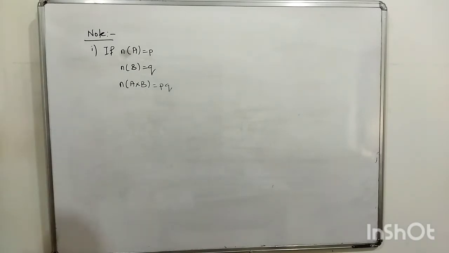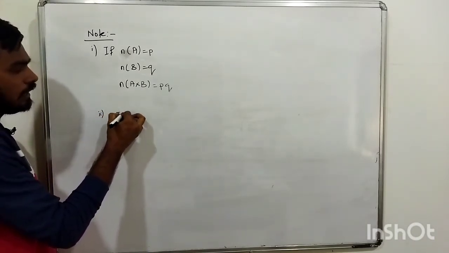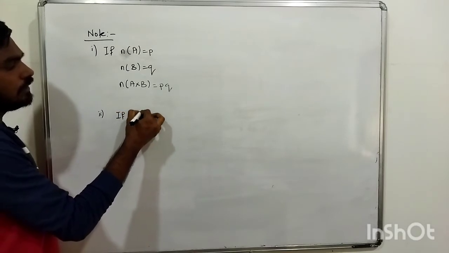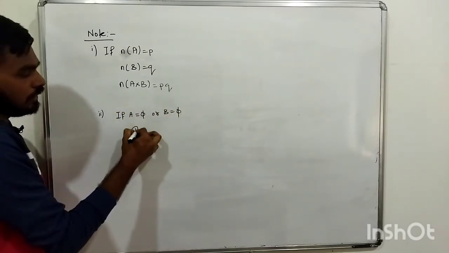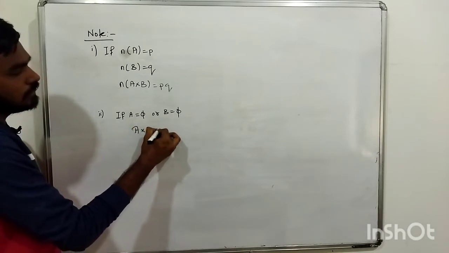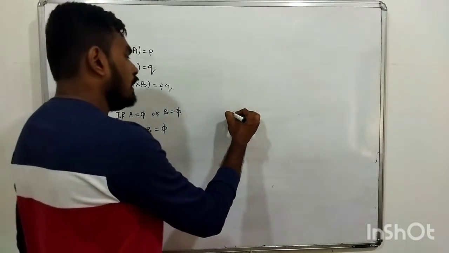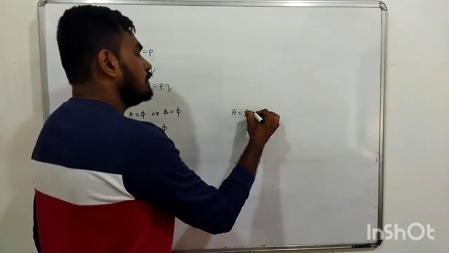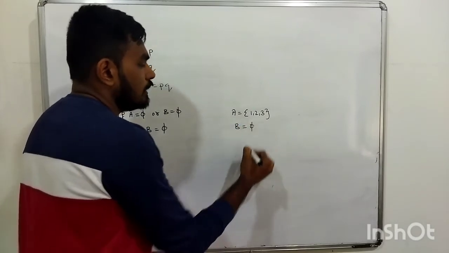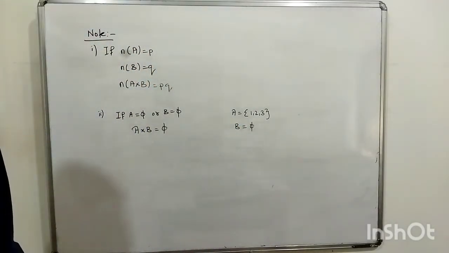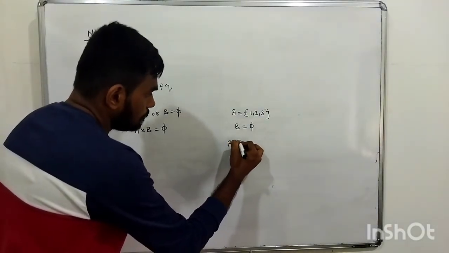Okay. So similarly, second property: if any one of these is empty, if A is empty or B is empty, then A cross B is also empty. For example, if A is equal to 1, 2, 3, and B is empty. To write the cross product, what do we write?